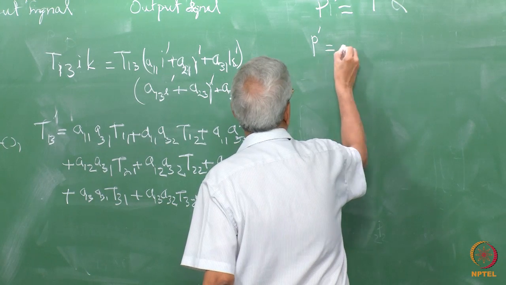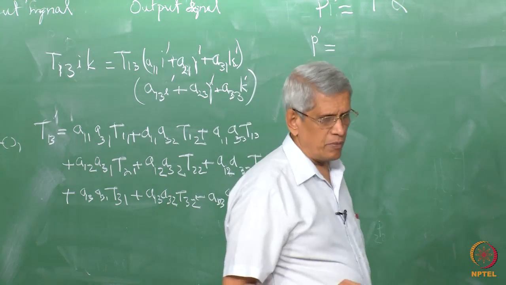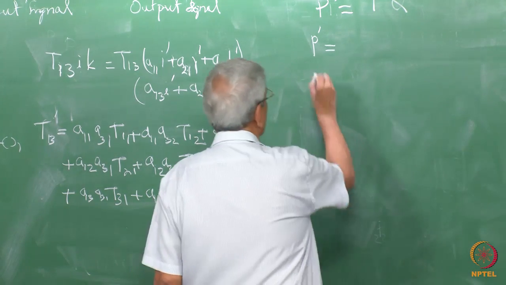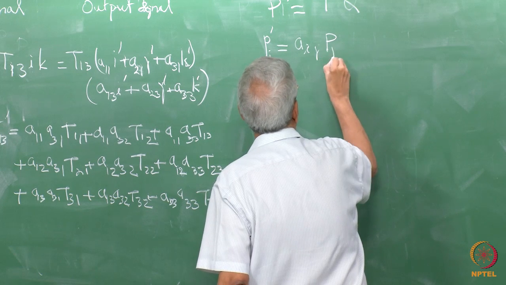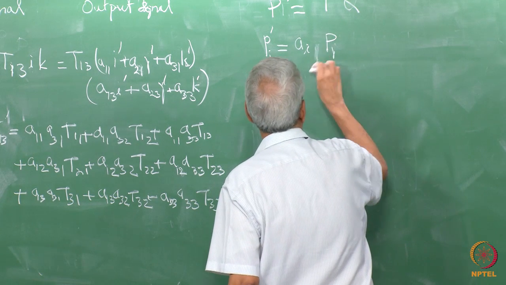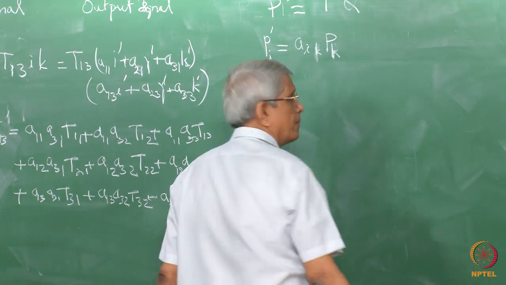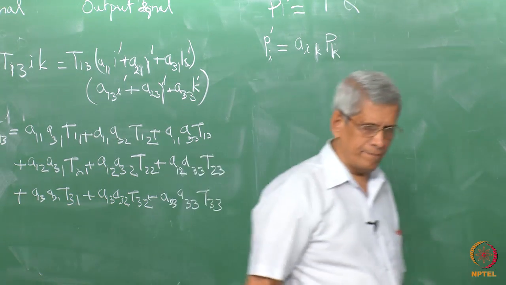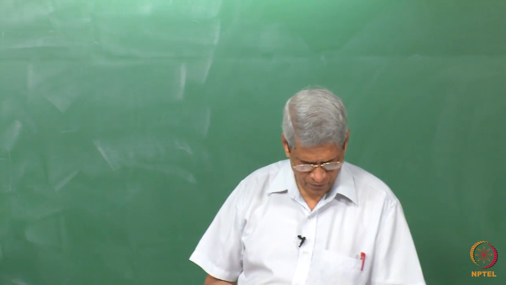It can be written in terms of the transformation matrix, right? If you take a component 1 into, I can write it in this form, right?